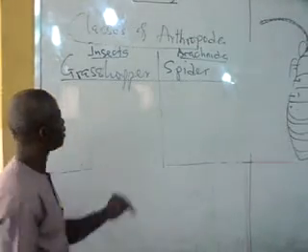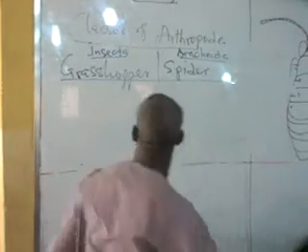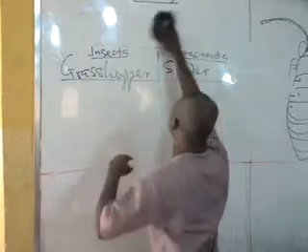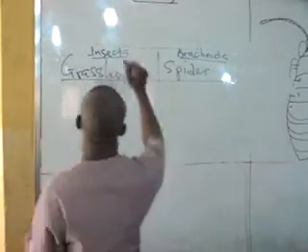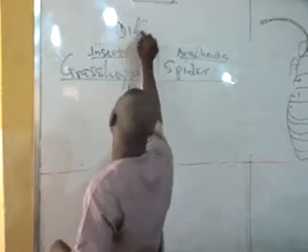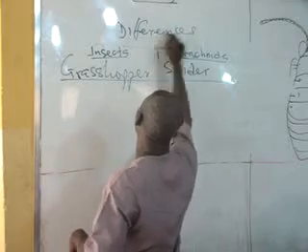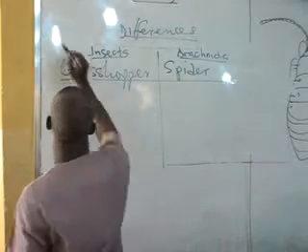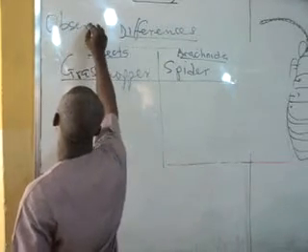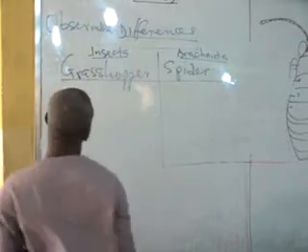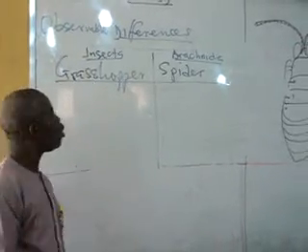Now the differences, we have to look at the differences. Normally we look at differences in external features, so we call them observable differences that you can observe.